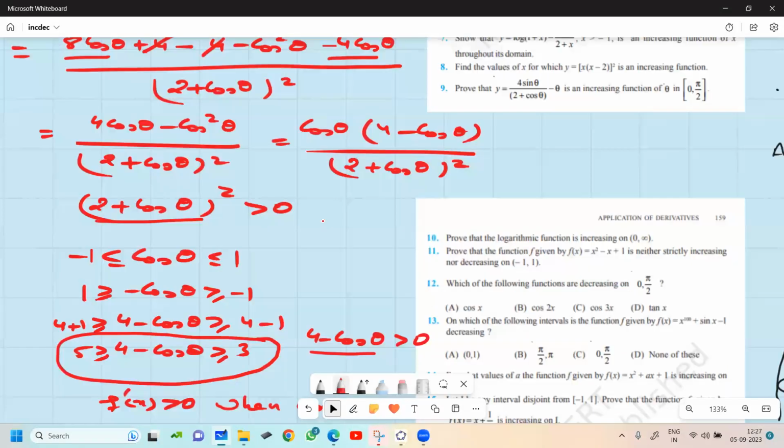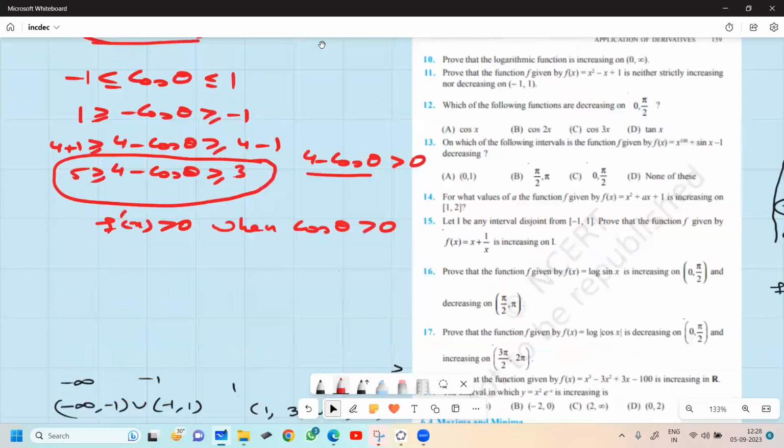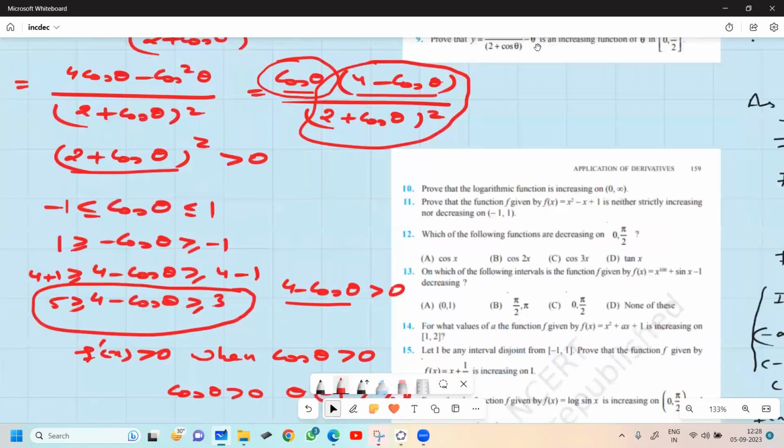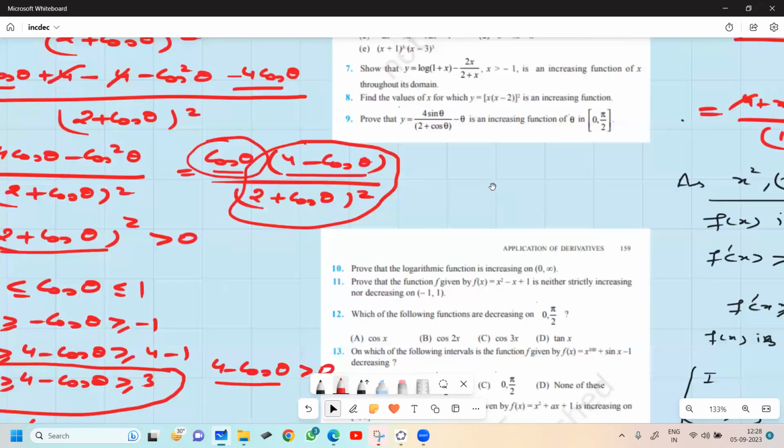See, these two terms are positive now, so the sign of f dash x will depend on cos theta. Cos theta is positive when theta belongs to 0 to pi by 2. That is only what we have to show: that the function is increasing in the interval 0 to pi by 2. Clear?